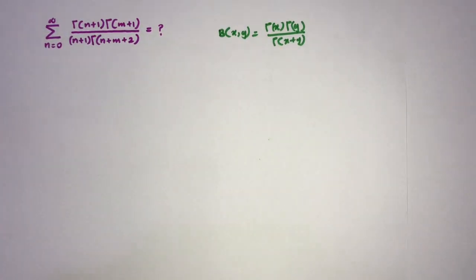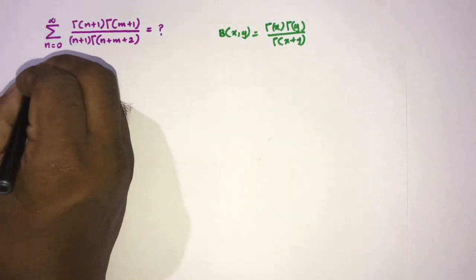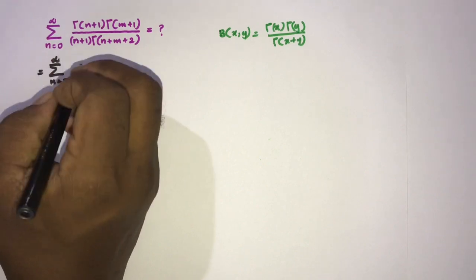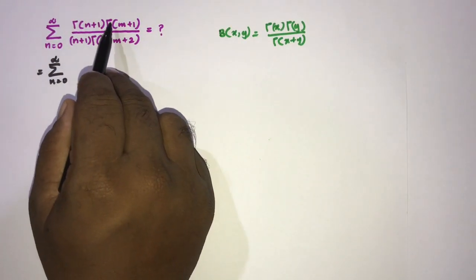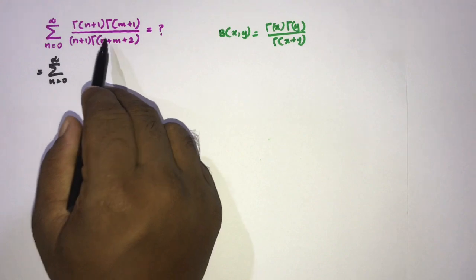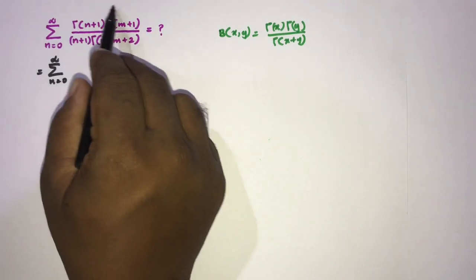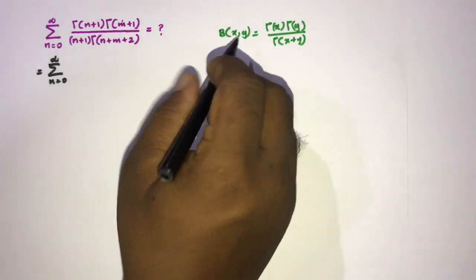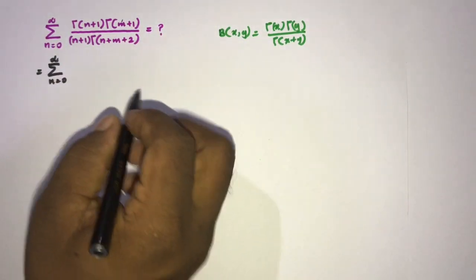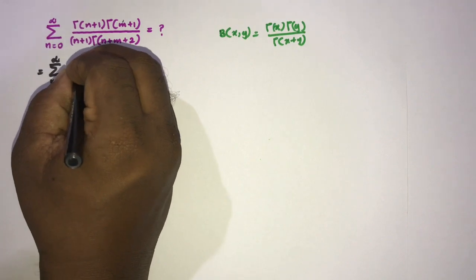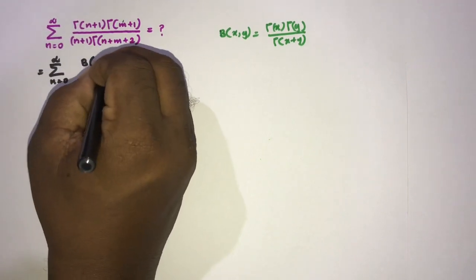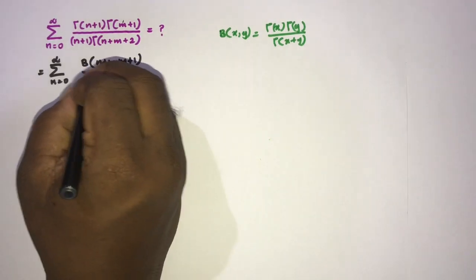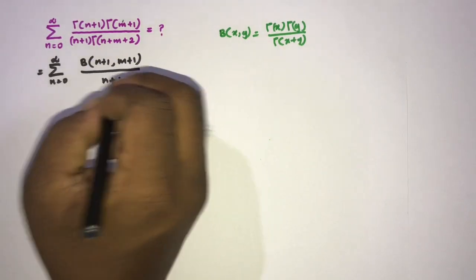So we can write our series, sum from 0 to infinity, gamma of n plus 1 times gamma of m plus 1 over gamma of the sum, n plus 1 plus m plus 1. We know beta of x, y, so instead of x, y we have n plus 1 and m plus 1. So we can write beta of n plus 1, comma m plus 1, over n plus 1.